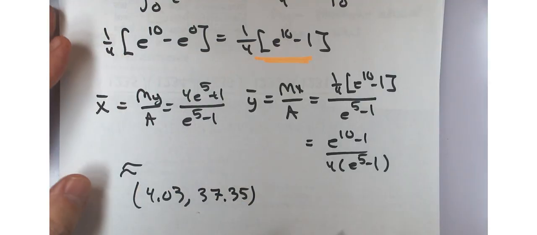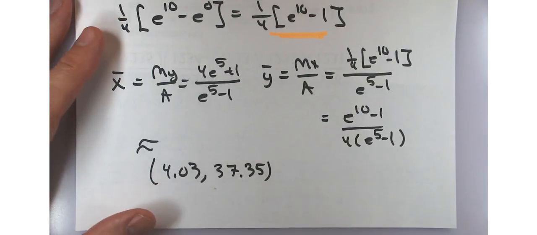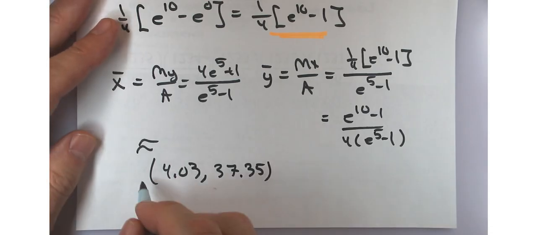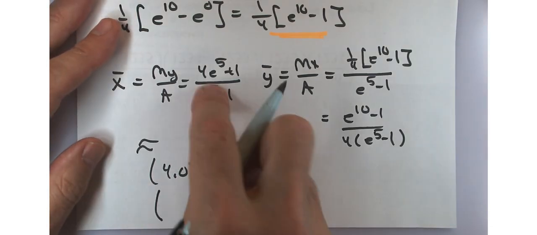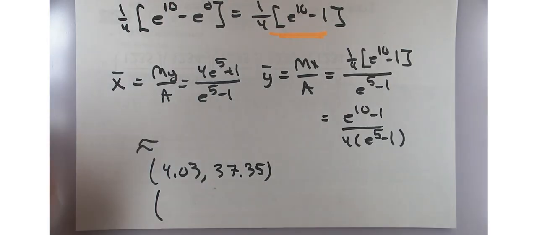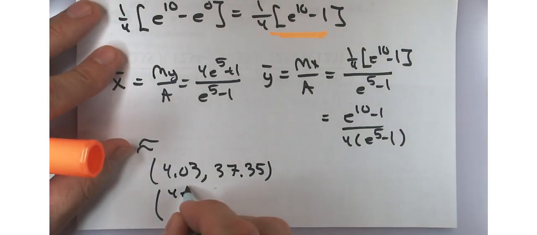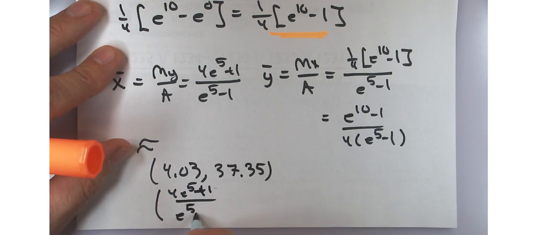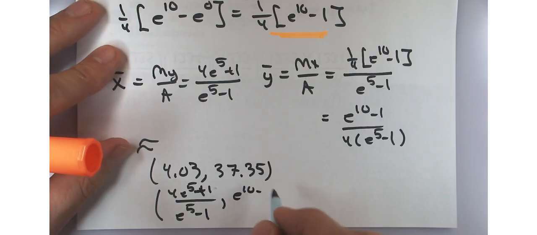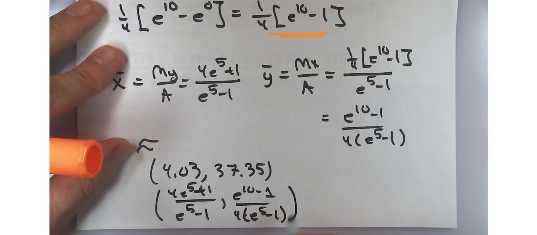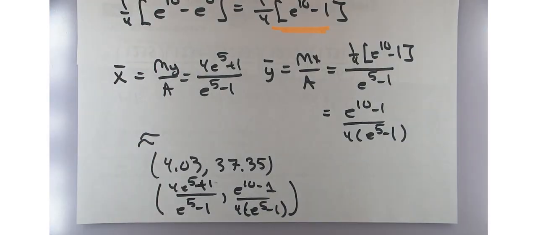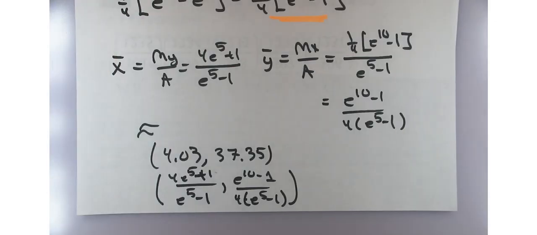But overall, I'd probably be looking for an exact answer. So this is your approximate answer. Your exact answer is just these two right here: 4 e to the 5th plus 1 over e to the 5th minus 1, and e to the 10th minus 1 over 4 times e to the 5th minus 1. Bingo. Nice.